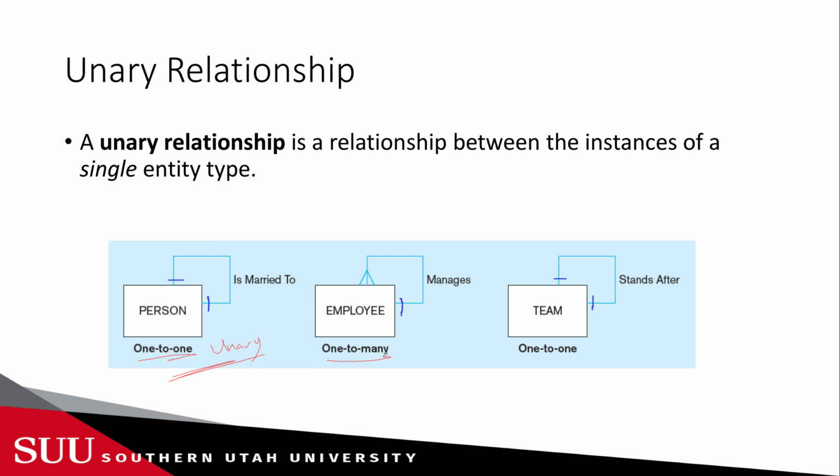And this is a one-to-many unary relationship where we say an employee manages multiple employees and each employee is managed by one employee. And then we have another one-to-one relationship right here, which is unary.